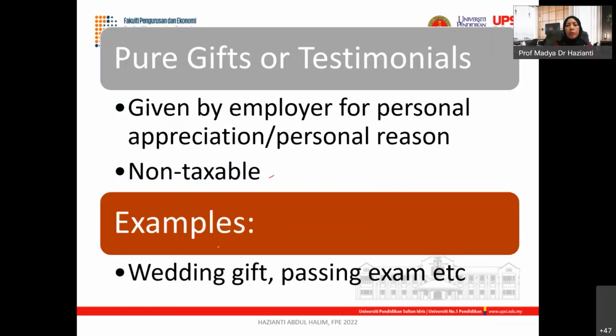Katakanlah you work in this company and then the boss bagi you wedding gift. Hadiah kan? Not taxable. Personal appreciation, personal reason. Passing exam, okay. Pergi kerja and then ambil exam RFP ni, company bayar. Pass the exam, okay, dia bagi token of appreciation, non-taxable. Hadiah, hadiah. Pure gifts, mesti on personal appreciation or personal reason.